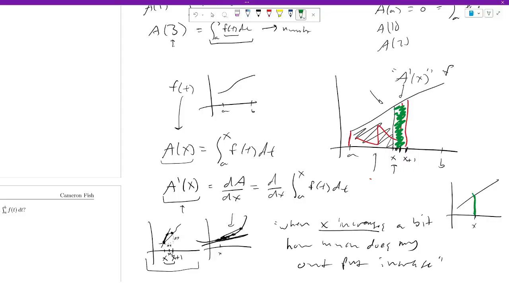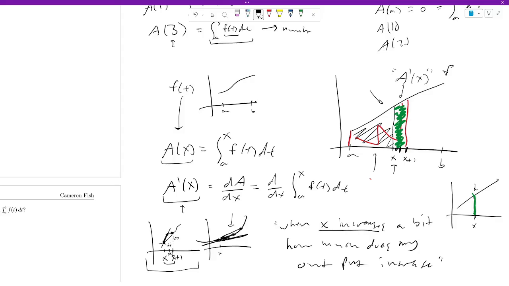Okay, so what we have now is we believe perhaps that to talk about the derivative of this function means the limit of this process, whatever area this green sliver is. So what does this area, this height maybe, have to do with our original function?